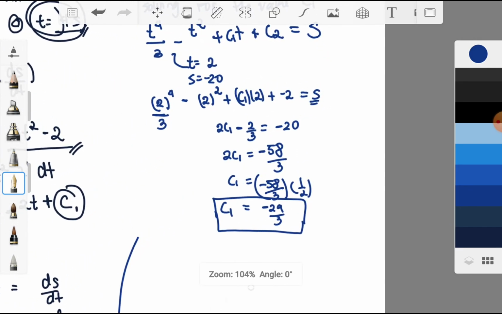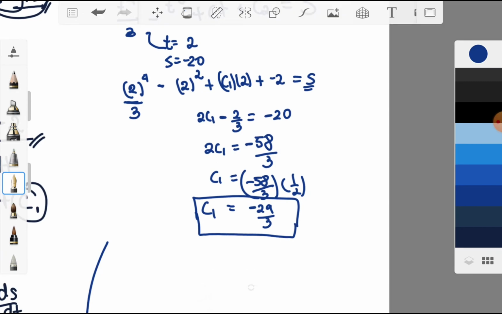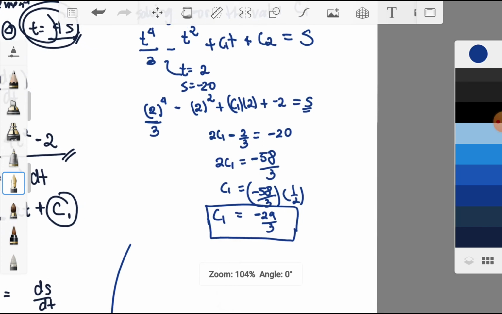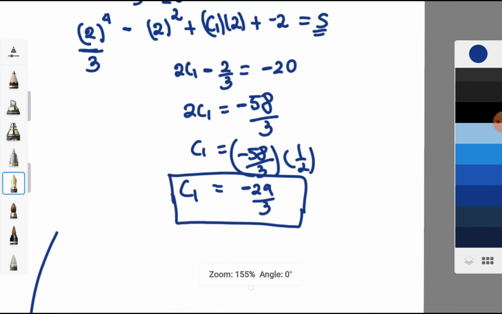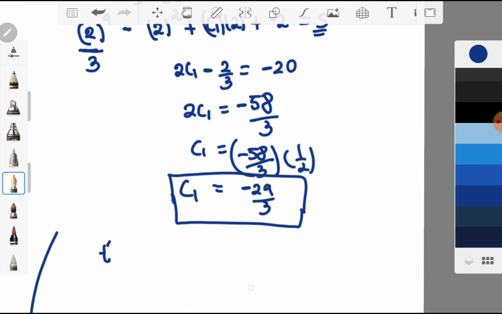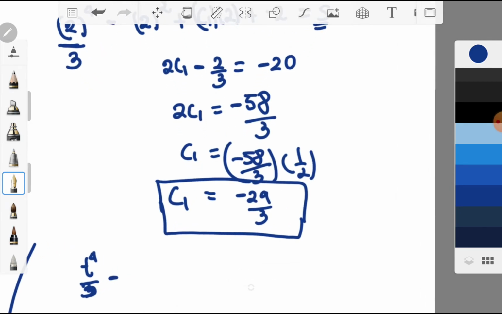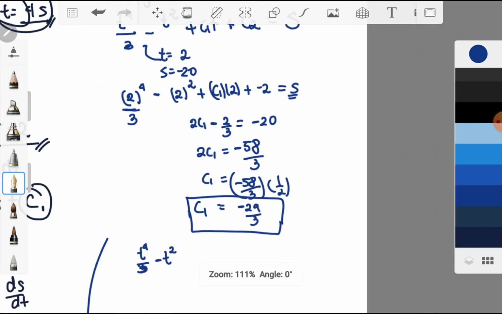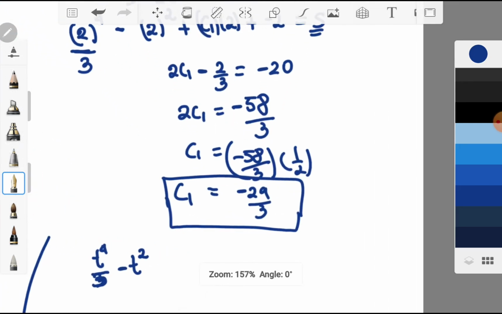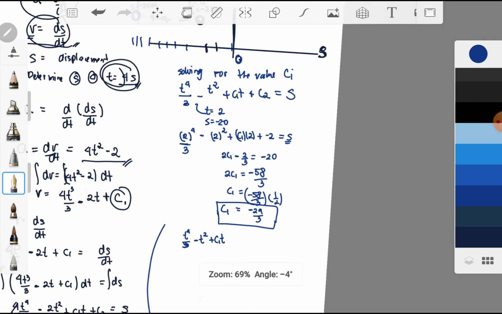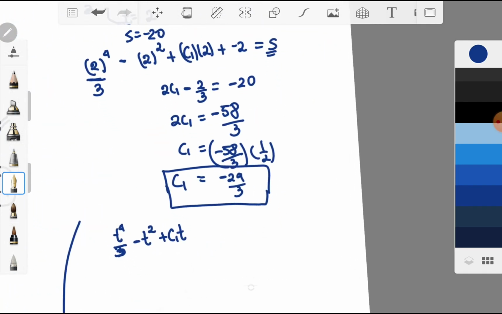So we have t raised to 4 over 3 minus t squared plus c1t plus c2 is equal to our s.